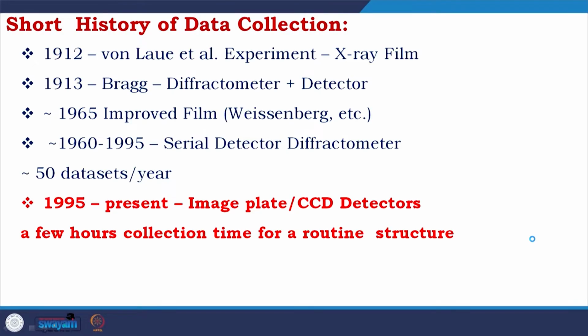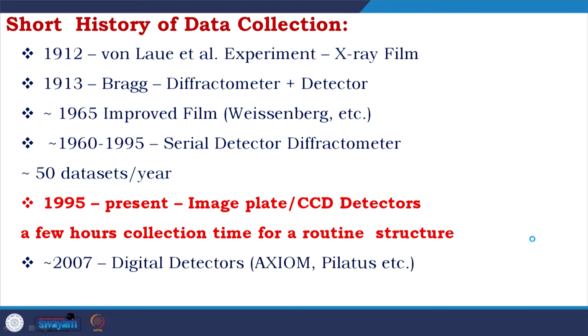After 95, image plates came, CCD detectors arrived, and they reduced data collection to a few hours for a routine structure. Then after 2007, there are digital detectors, which we are currently using, like Axiom, Pilatus and others, and there are new options coming up.